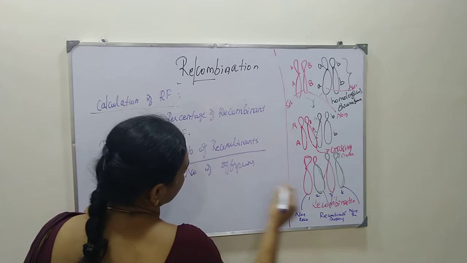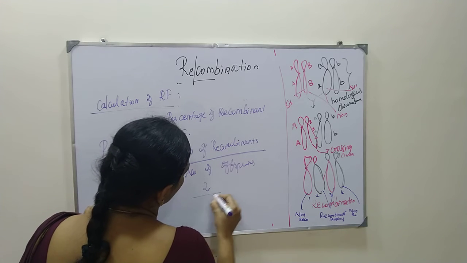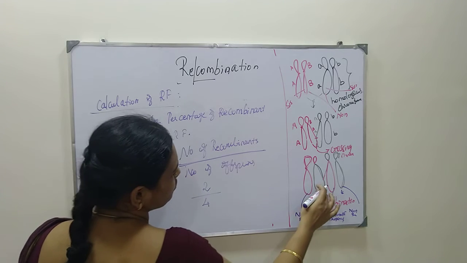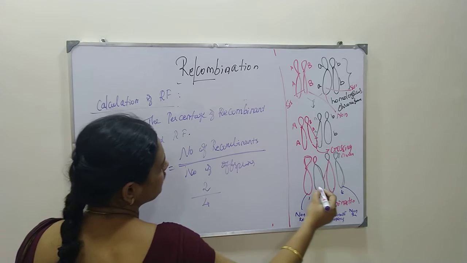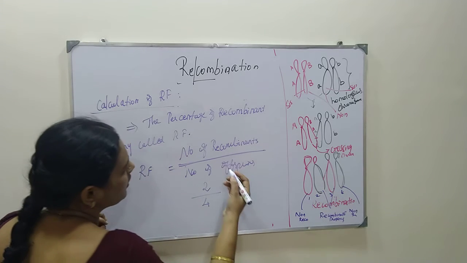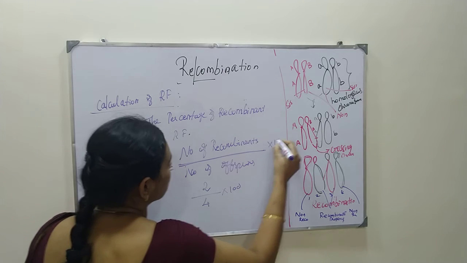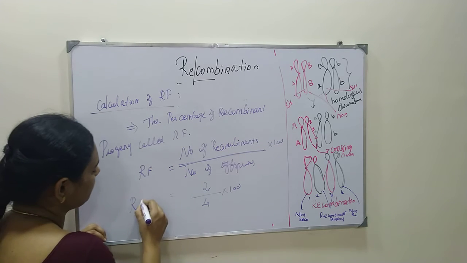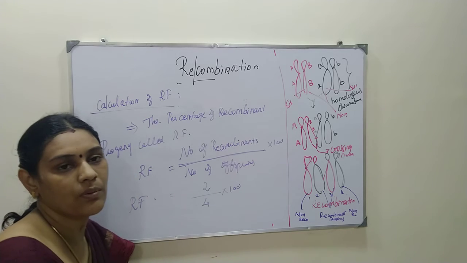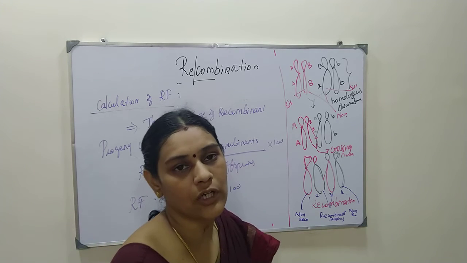Example: here 2 divided by 4, that is 1, 2, 3, 4 offspring, and 2 recombinants are produced, multiplied by 100. This is your formula for recombinant frequency. This is the way you calculate it.